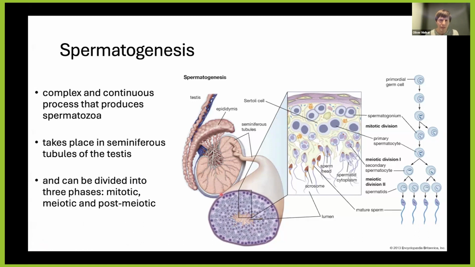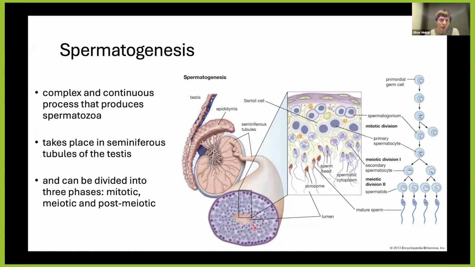So it takes place in these tubuli, and the way it is organized is that the germ cells, or let's say these progenitor cells, divide slowly, and they give rise to differentiating cells, which then differentiate more and more and become spermatozoa. And then after that, they are released into the lumen of these tubules and washed away into the epididymis to be prepared for the release.